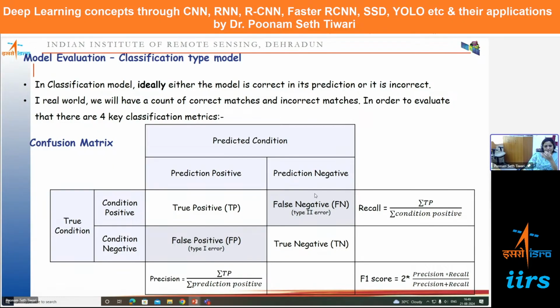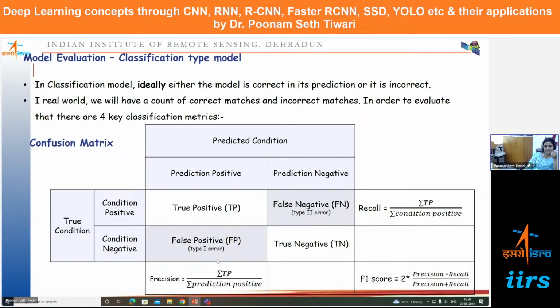False negative means it has not reported the feature, whereas it was there in reality. False positive means it has reported the feature whereas it was not there. Based on all these four parameters, you can calculate recall, precision, and F1 score. Recall is the true positive divided by condition positive, that is the sum of true positive and false negative.